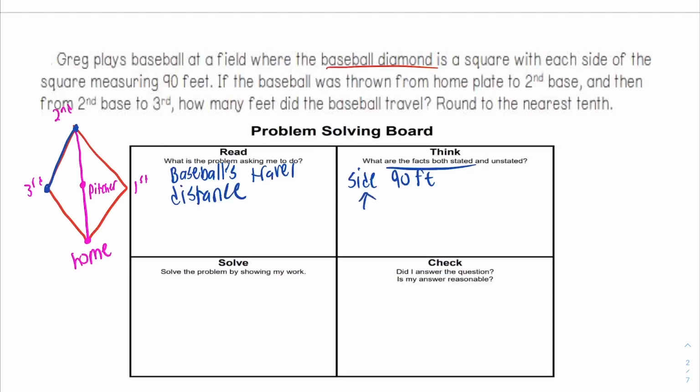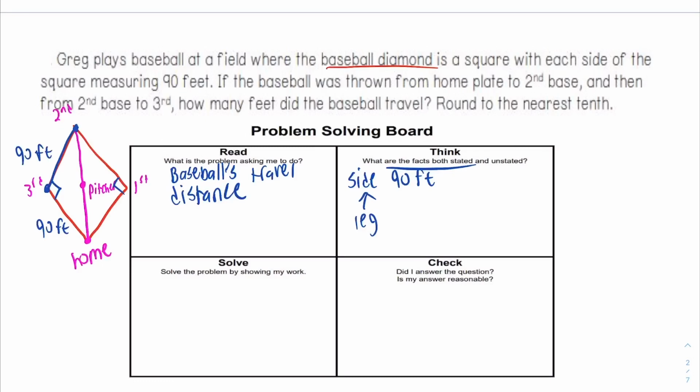which means that this is going to be a leg. If you look over here, we cut the diamond straight in half, and that made a right triangle on the left side and a right triangle on the right side. So over here is going to be 90 feet. Up here is going to be 90 feet.